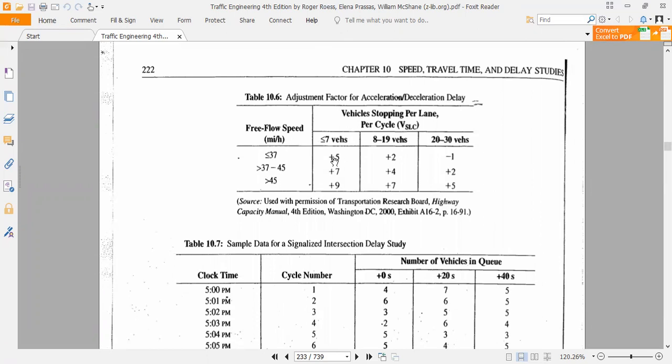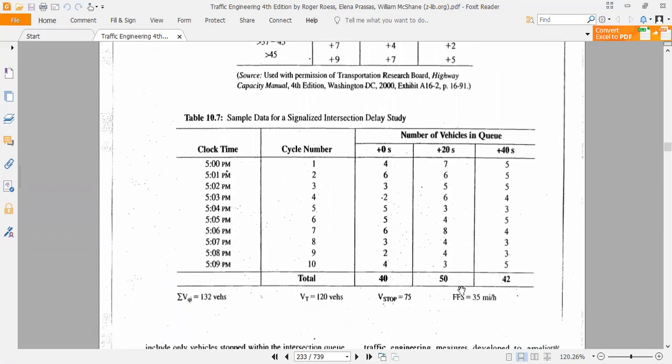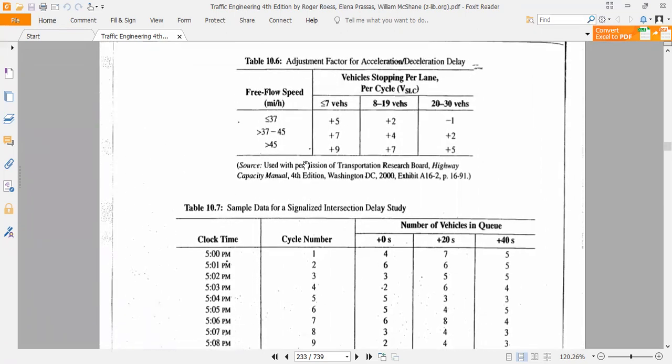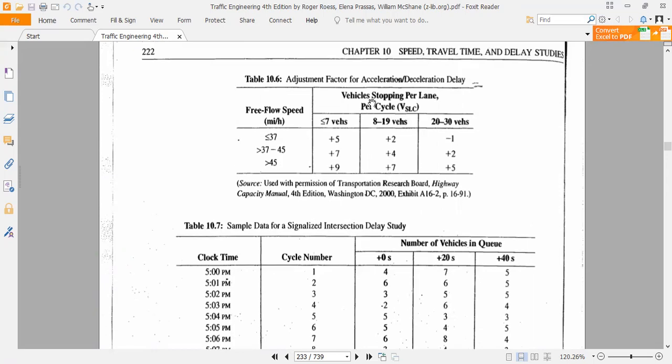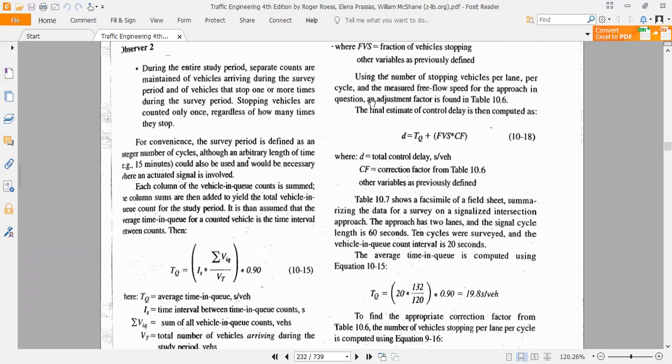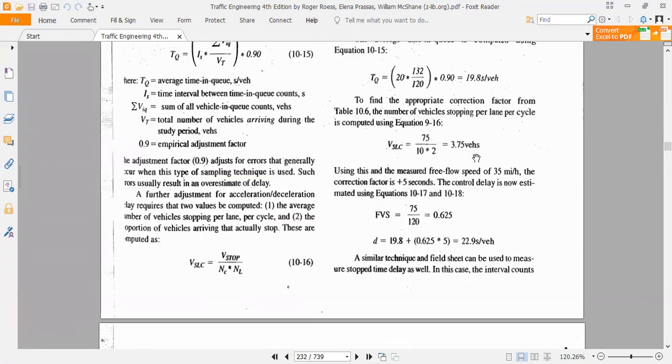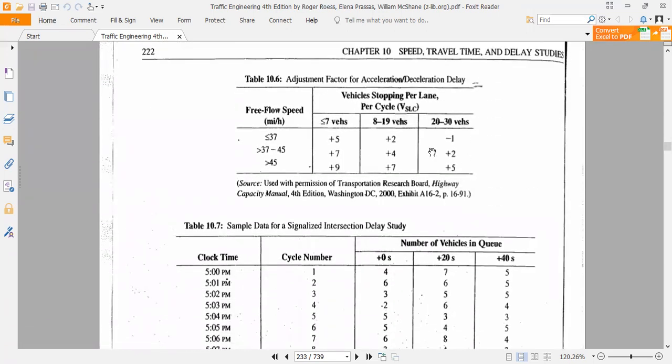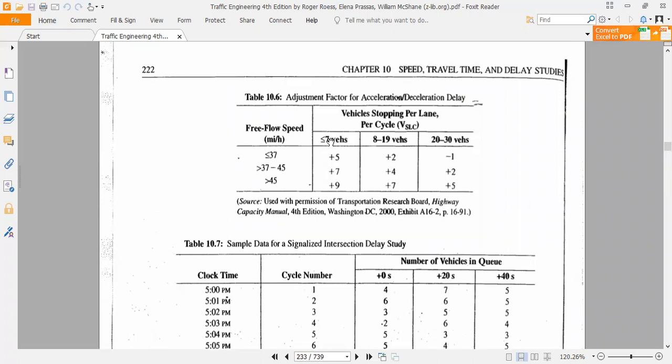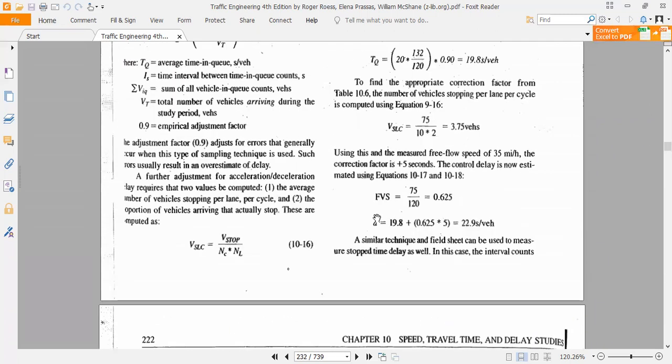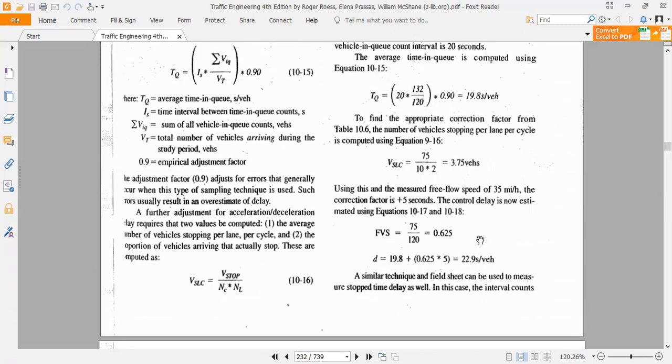Here the free flow speed was 35 miles per hour, so 35 miles per hour is less than 37, so here you will come to this row. And the VSLC you will get from this one. VSLC is 3.75 vehicles, so 3.75 is less than 7. So the value of CF is 5. So now D, the control delay, came to about 22.97.